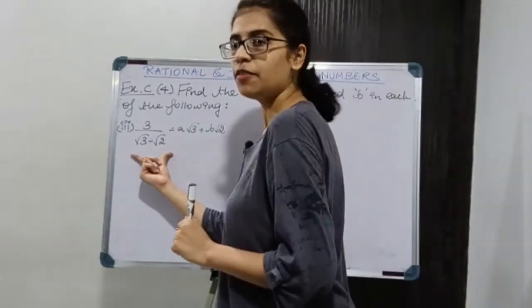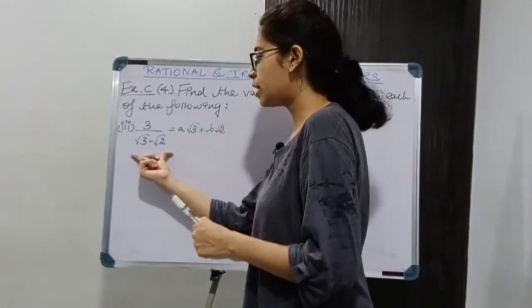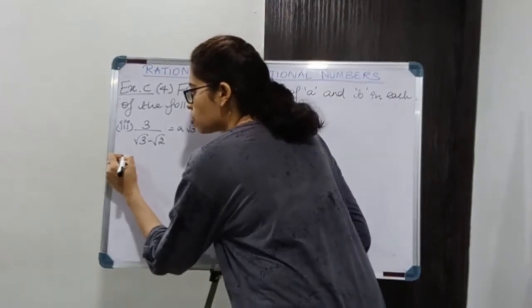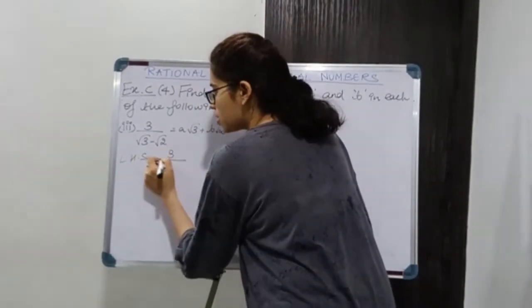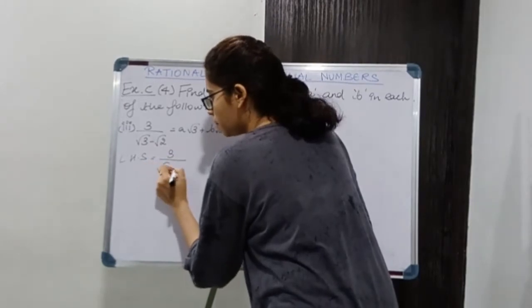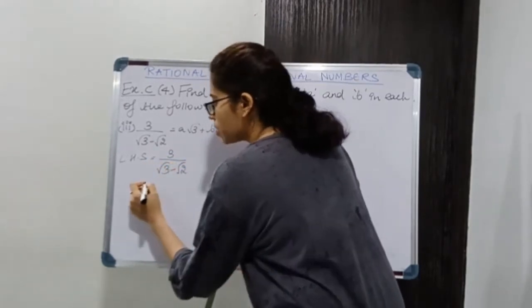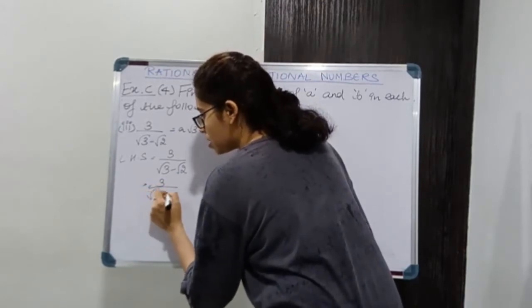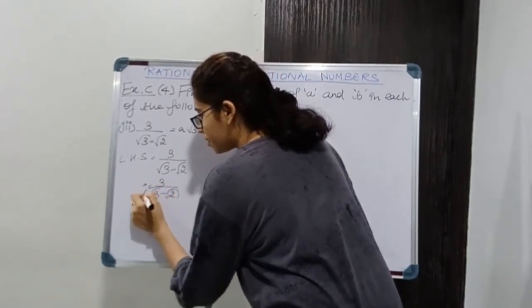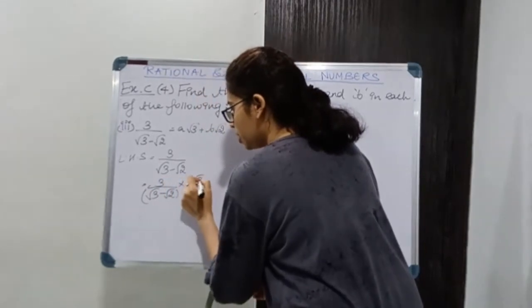Over here again we'll rationalize the denominator in the LHS. So considering LHS first, LHS is 3 by root 3 minus root 2. The rationalizing factor of the denominator is going to be root 3 plus root 2.